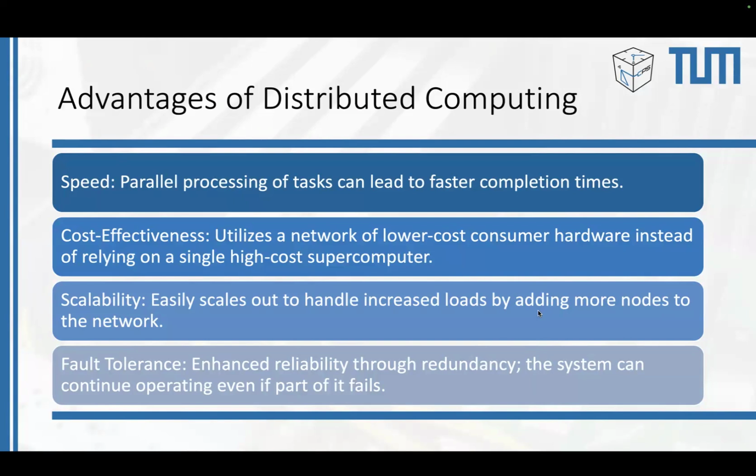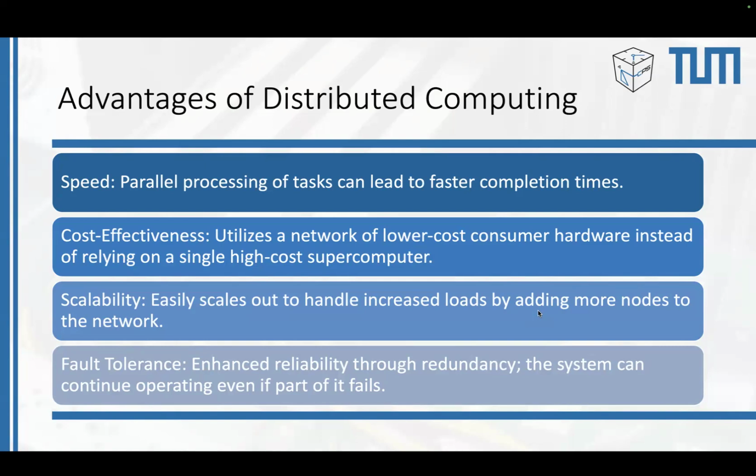So this is another point: cost effectiveness. It's a good way to use off-the-shelf or low-cost hardware, put it together and cluster the computation. Scalability. The nice thing about a cluster is that if you want to add more power, you just add more nodes. So you just register another node or another 10 nodes or another 100 nodes to your cluster, and then the cluster will be more powerful in distributing the tasks that you give it, right?